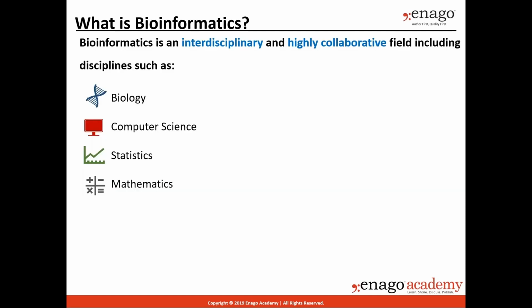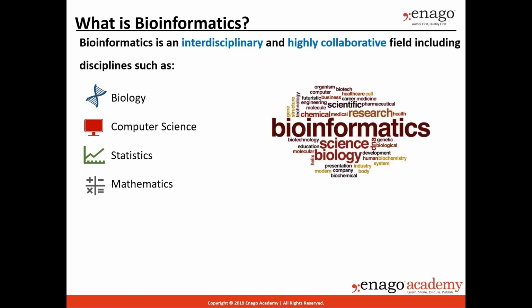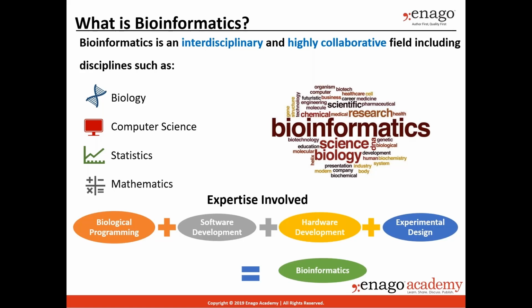So what is bioinformatics? It is an interdisciplinary and highly collaborative field, including disciplines such as biology, computer science, statistics, mathematics. All of these work together to give us a broader view of what's happening at the biological level.